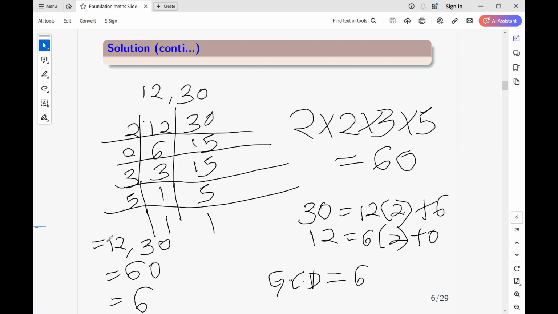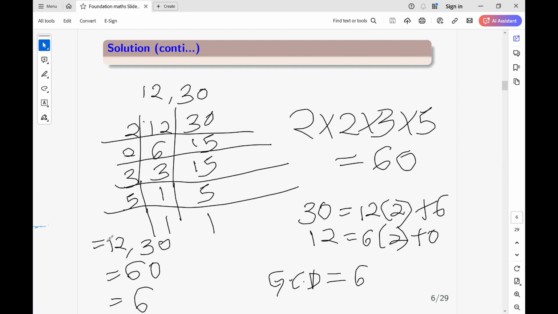What is the comparison? What can we say is the relationship between LCM, GCD, and the two numbers? What can we say from the group? From what she has found, she has a GCD of 6, an LCM of 60, and then you have the two numbers.